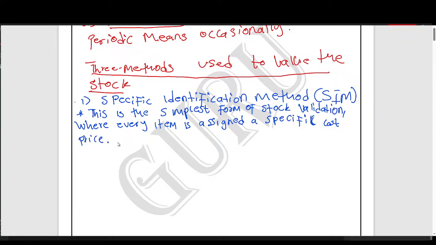Like I was saying, this is the simplest form of stock valuation, where every item is assigned a specific cost price. Then another statement here: we can say this system is relevant when large commodities are sold.